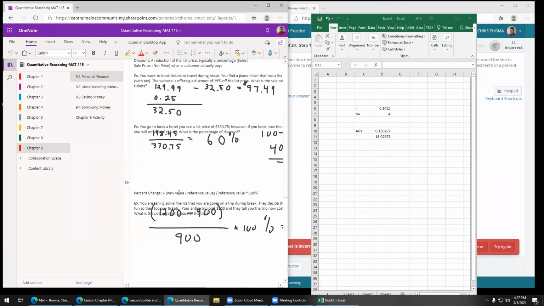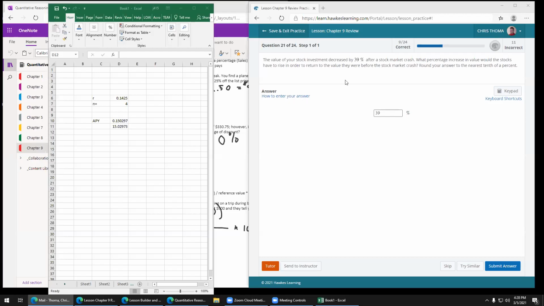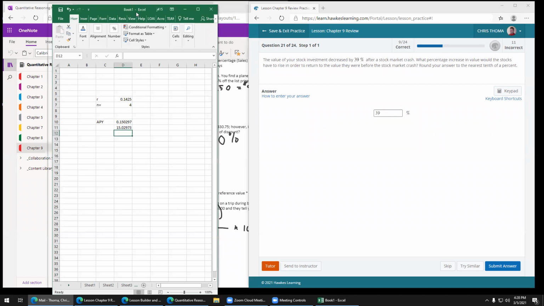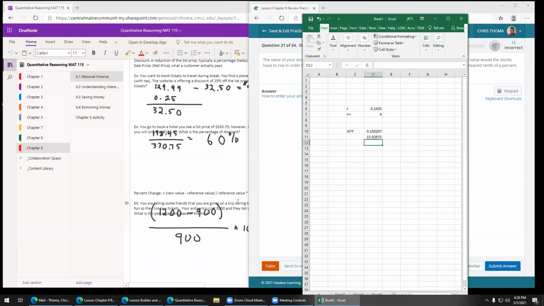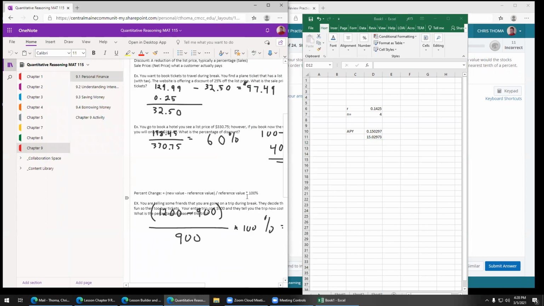Define percent change, new value minus reference value. Okay, so this is the right formula. So we need new value minus reference value over reference value times 100, right?